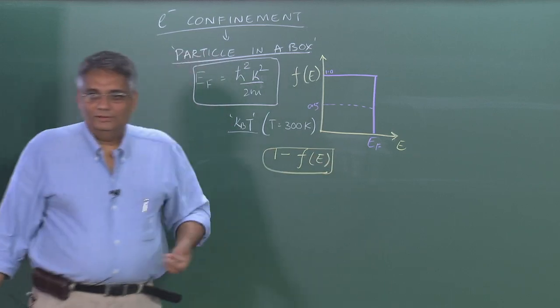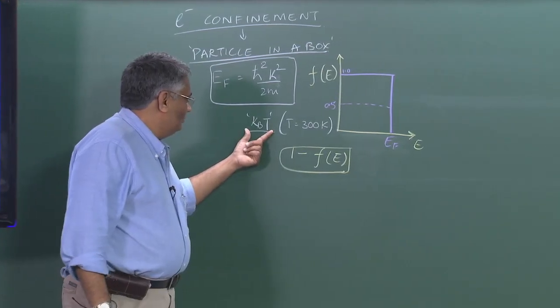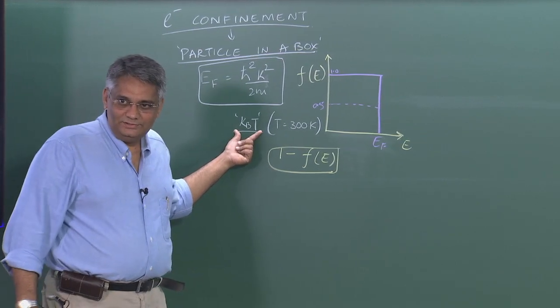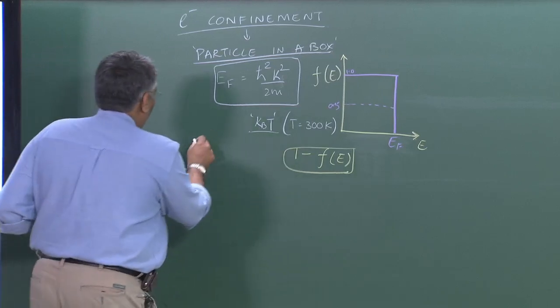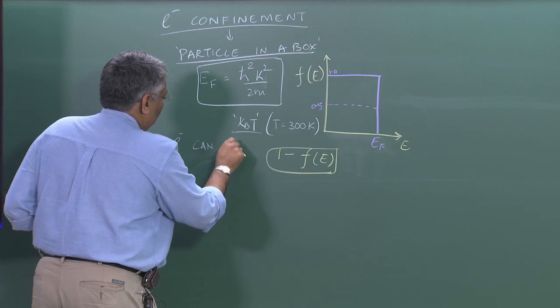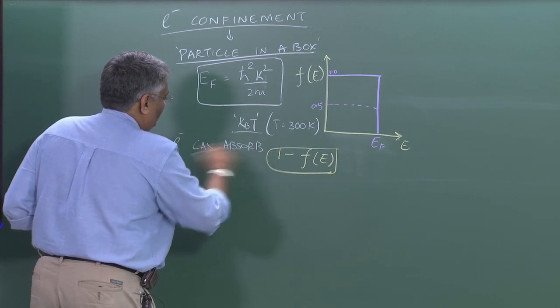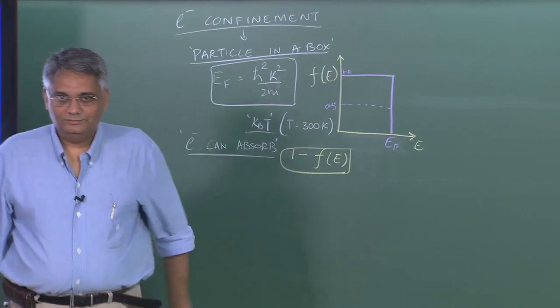okay. And what we have seen is, it is only within this energy range, within the energy range of kBT, that the electrons can absorb the given thermal energy.